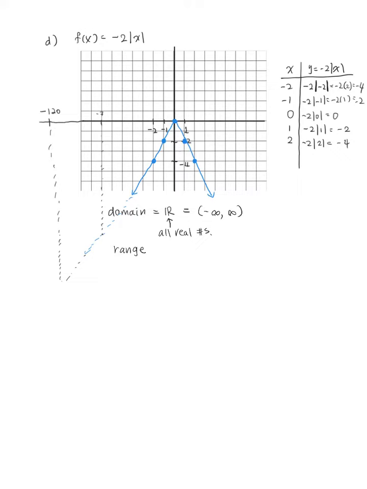Well, since this is going to keep going and going and going, our starting point looks like it's going to be negative infinity, and then where does it end? Well, if I keep going up, our graph is going to end at y equals 0. So our range is going to be negative infinity to 0. So this is going to be the answer here.